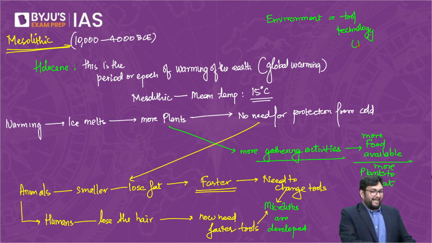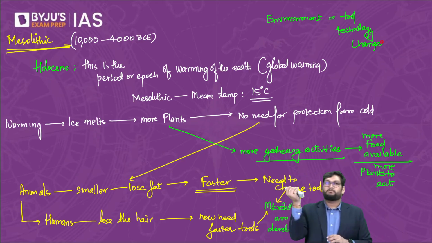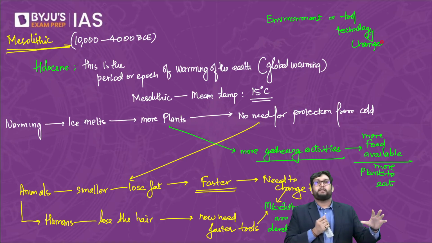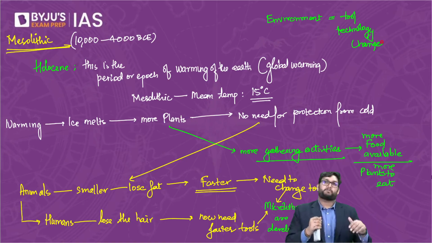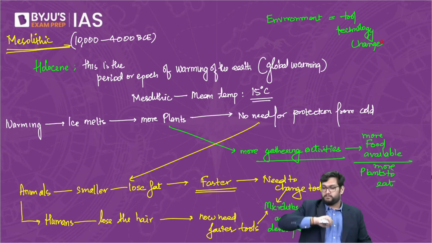See, I had a hand axe, not a BrahMos missile. I had a hand axe, and if the mammoth used to run at 3 or 4 kilometers per hour, I could run behind the mammoth and do hand axing.